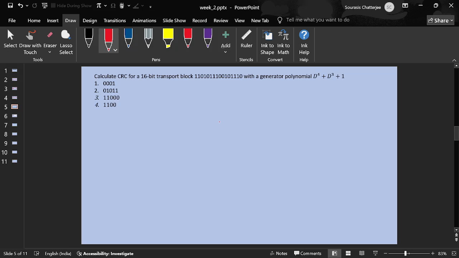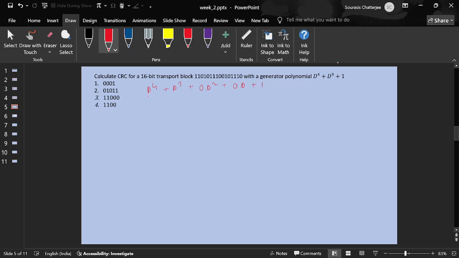So if we talk about having a polynomial of degree 4 here, the length of the CRC is equal to the degree of the polynomial. You will write it in this way: d to the power 4 plus d cube plus 0 into d square plus 0 into d plus 1.